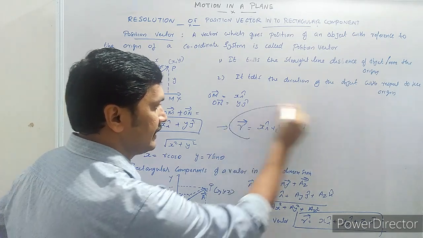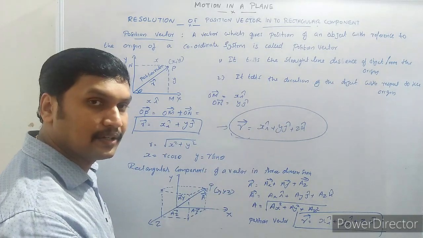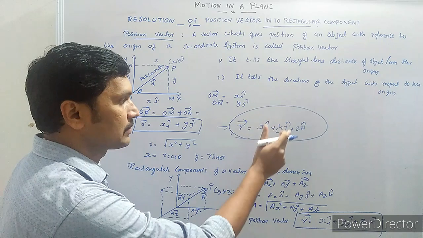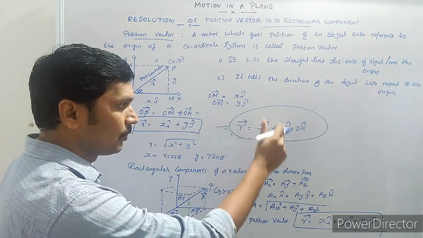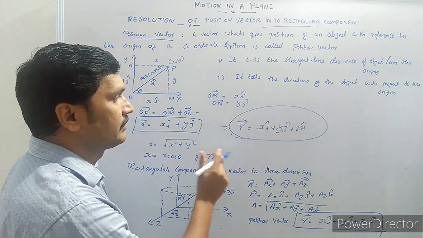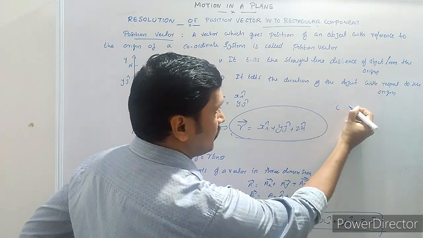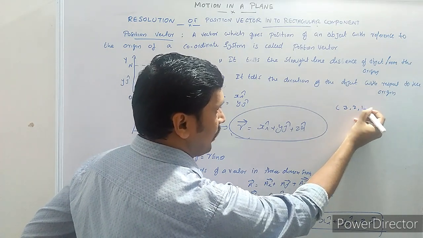If the object is in 3 dimensions, we can write the rectangular components of the position vector as r is equal to xi plus yj plus zk. We have 3 components, x component, y component and z component. For example, if the coordinates of a point are 3, 2 and 1.